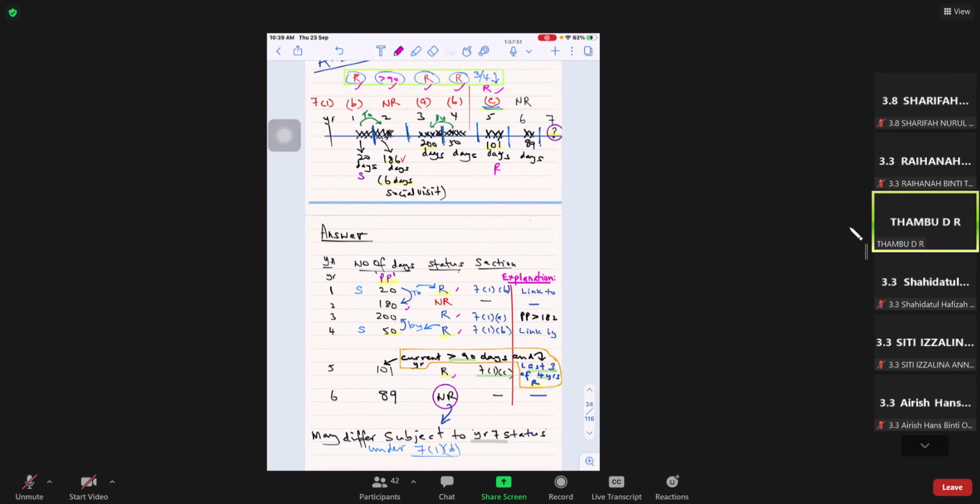What about year 6? Non-resident. Why? That will change subject to year 7. Until next year, we don't know. So now you put temporarily non-resident. Next year, if year 7 becomes resident, I will change back to resident.